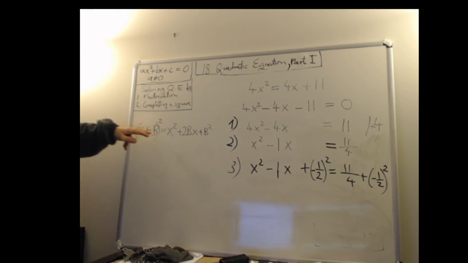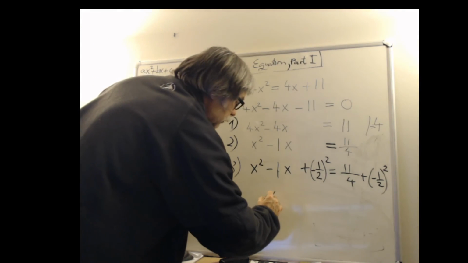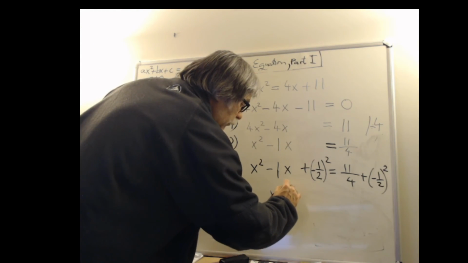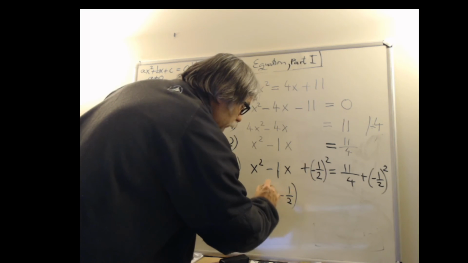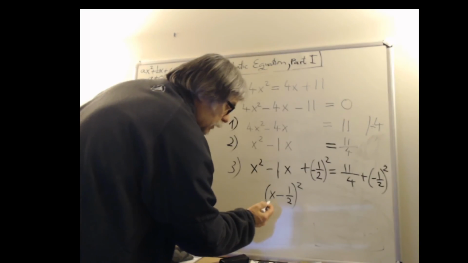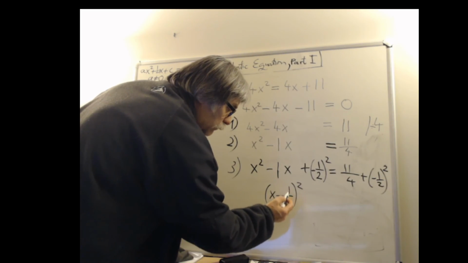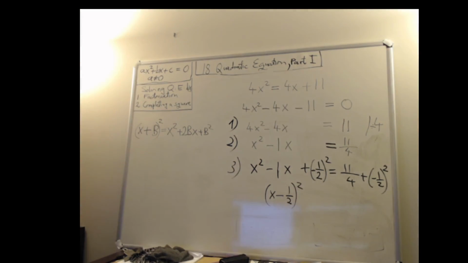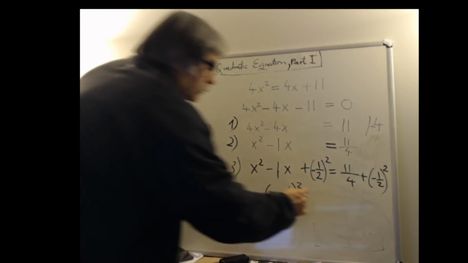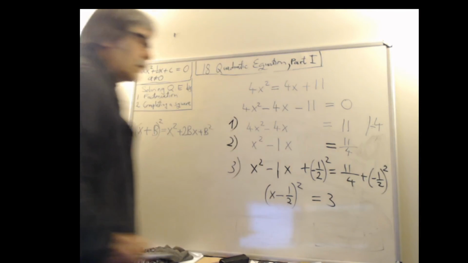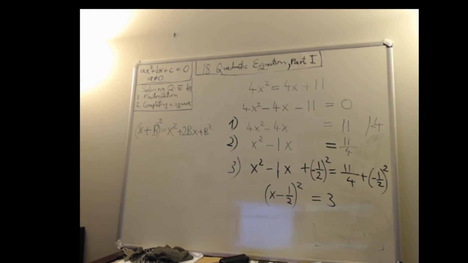So now you have x plus b. You can remember what x plus b is: x minus 1/2, x plus negative 1/2. And on the other side I had 3, 11 quarters and 1/4.